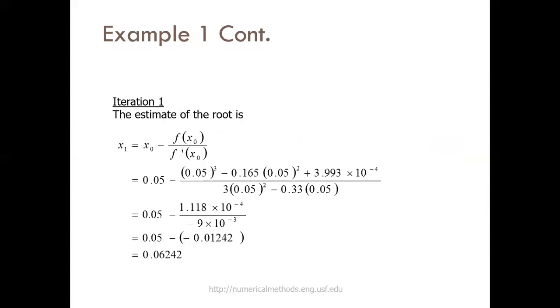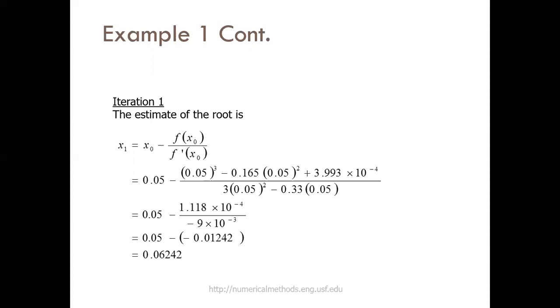So find out the first iteration. x1 is equal to x0 minus f of x0 upon f dash of x0. Put the value of x0 in that equation. x0 is 0.05 minus f of x0: 0.05 cube minus 0.165 into 0.05 square plus 3.993 into 10 raised to minus 4, divided by 3 into 0.05 square minus 0.33 into 0.05.